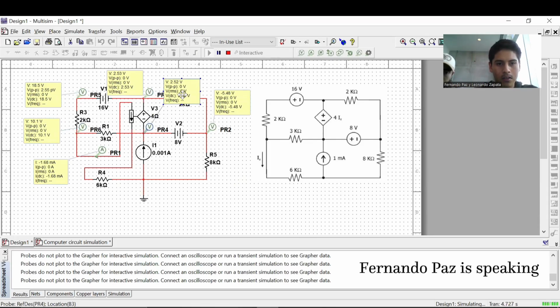And here we can see all the voltages in the nodes and also the current, which is the same as we got when we solved the circuit by hand. Thank you, that is all.